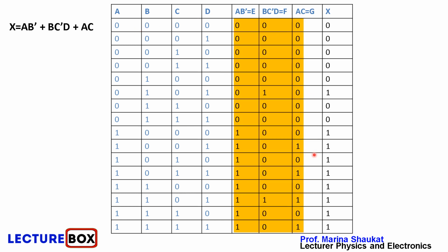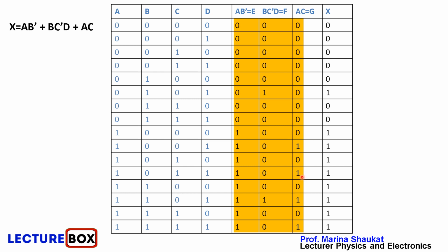Here you can see all the E, F, G answers. AB complement, A is 0, so the answer is 0. Similarly, BC complement D, B is 1, C complement is 1, D is also 1, so B C complement D is 1.